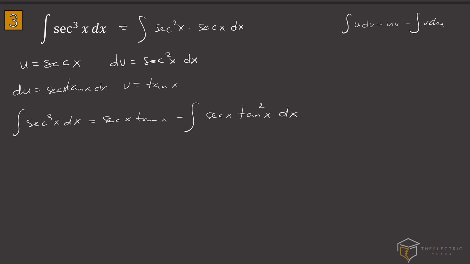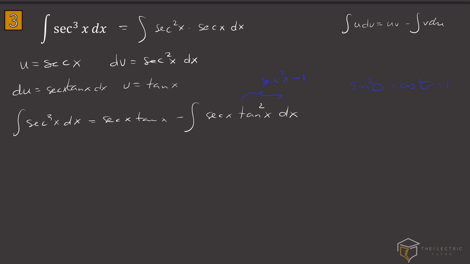Because I can take this tangent squared and use the identity that tangent squared is equal to secant squared minus 1. And the way I know that is because I have sine squared of something plus cosine squared of something equals 1. If you divide everything by cosine squared, then you get tangent squared equals secant squared minus 1.